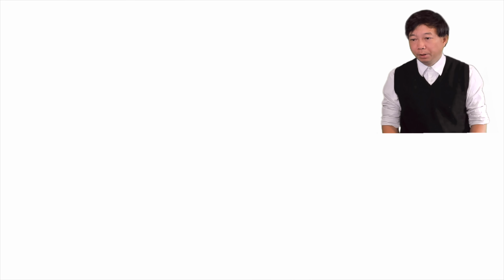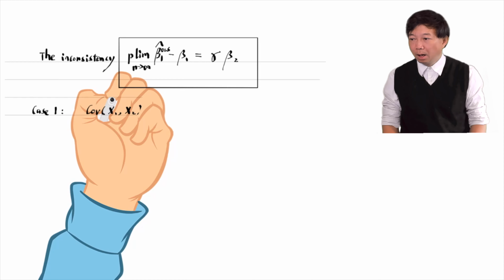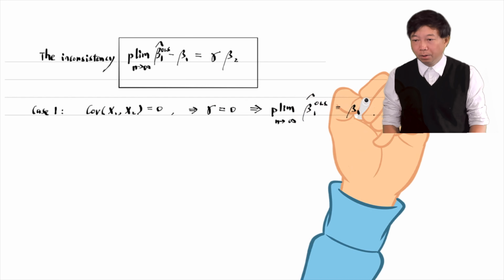The direction of inconsistency in beta 1 hat depends on beta 2 and gamma. If x1 and x2 are uncorrelated, then gamma equals 0, and beta 1 hat is a consistent estimator of beta 1.